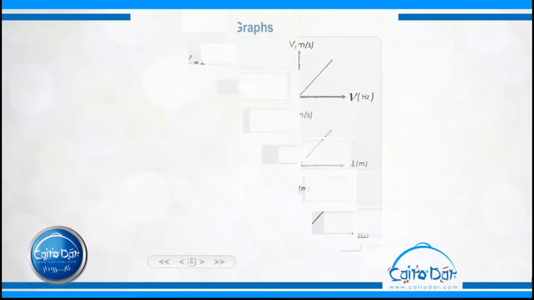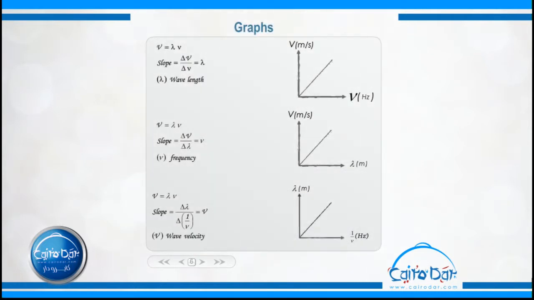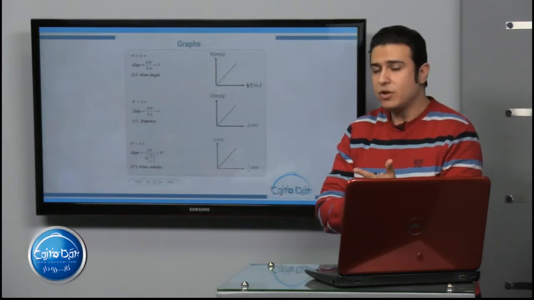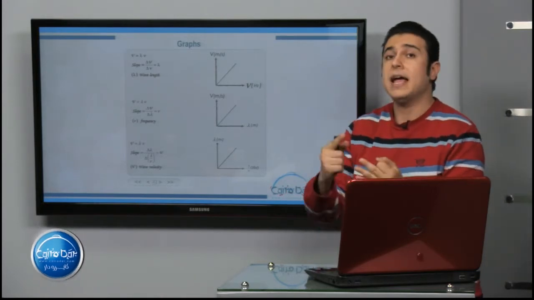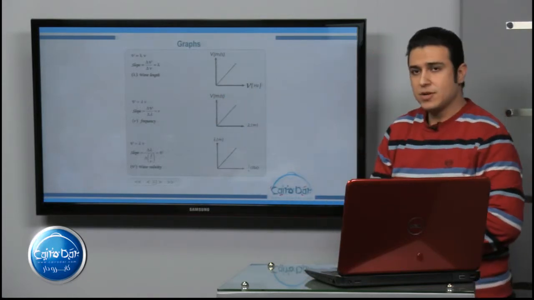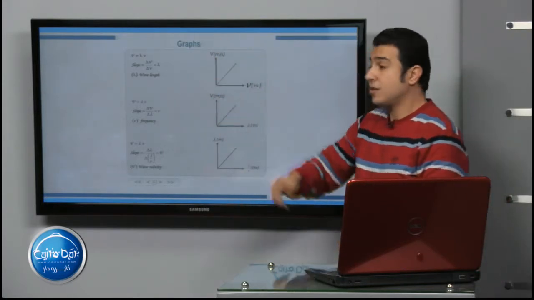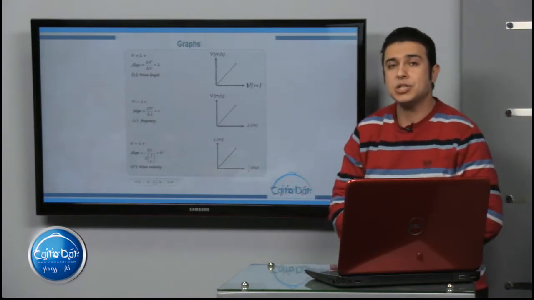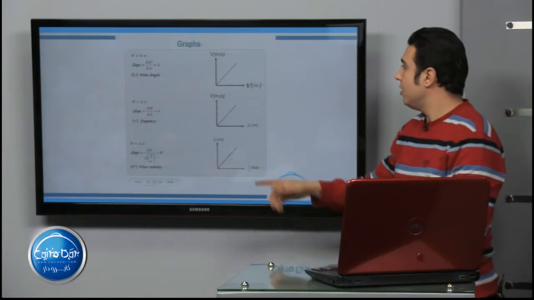Another example: these graphs are examples for the relation between the wave velocity, the wavelength, and the wave frequency. Here in the first graph, we have on the y-axis velocity in meter per second, and on the x-axis the frequency nu in hertz.